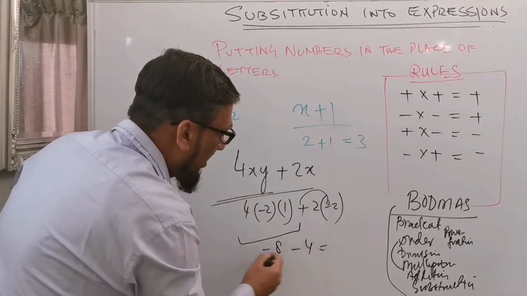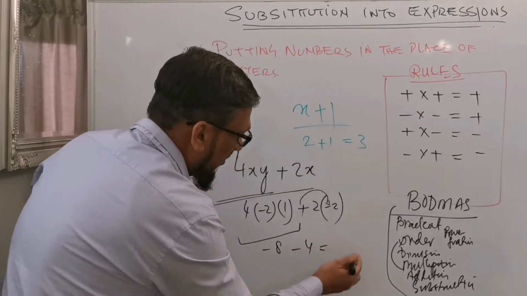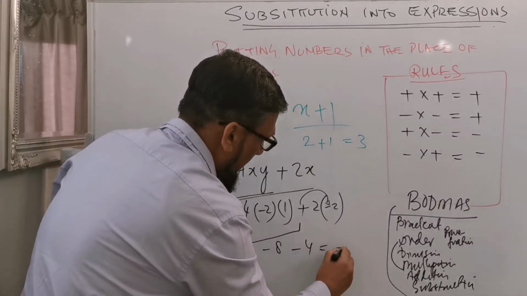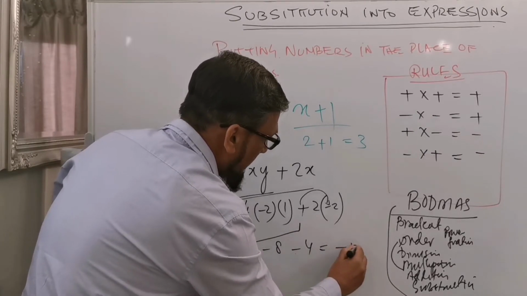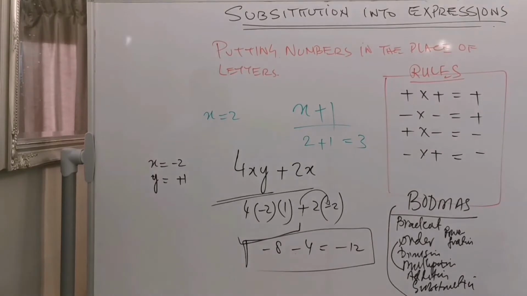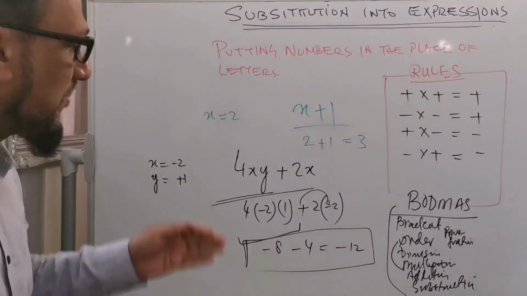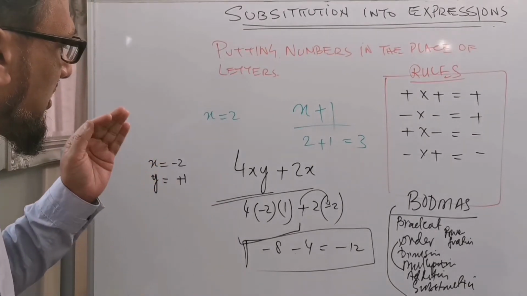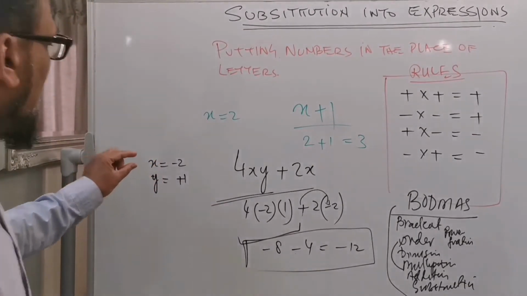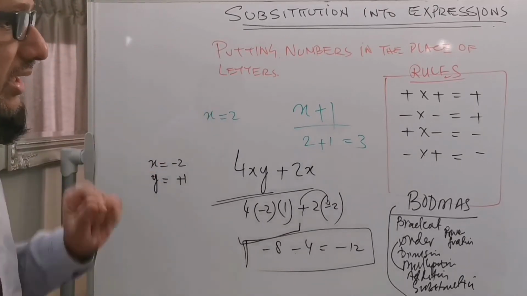So your final answer will be 8 plus 4 is 12, and the sign will be minus. So before substituting, keep in mind the positive and negative values given in a question.